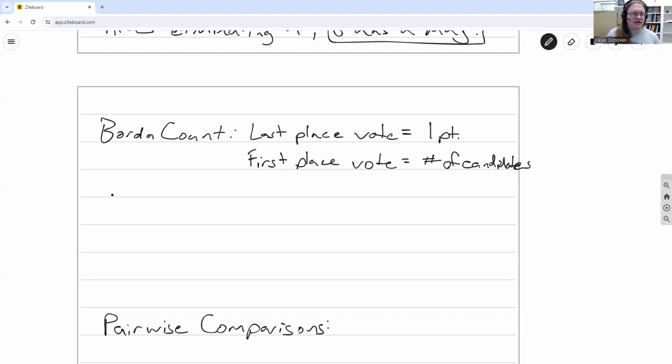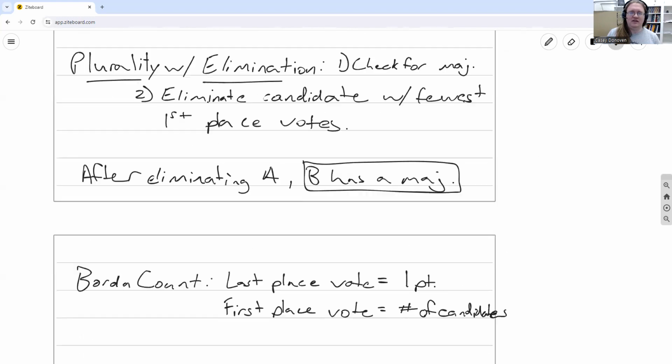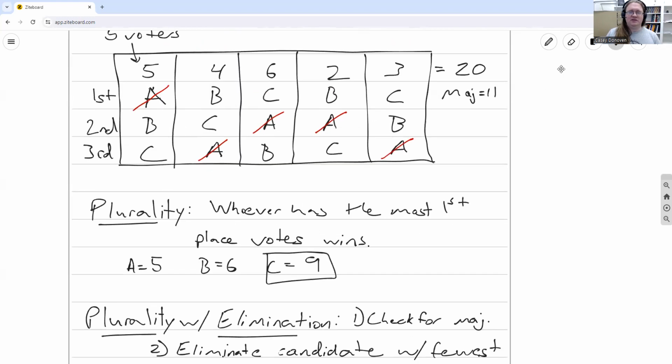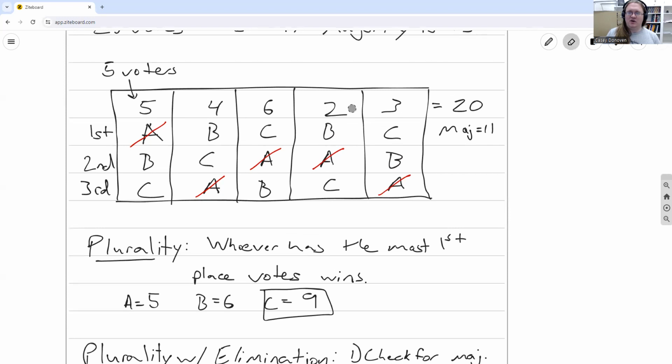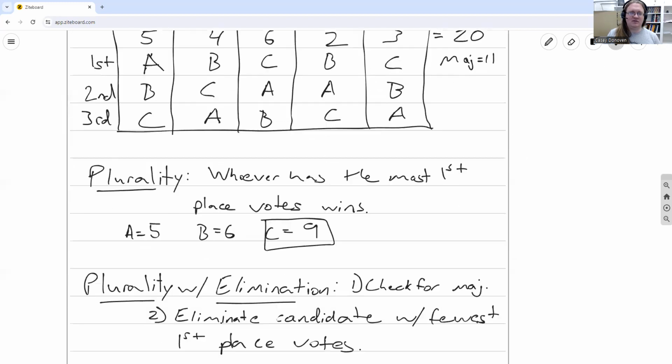So let's go through this calculation in this case. Let's first look at A, and I will erase my slashes here to make it a bit easier to read. A has 5 first place votes, 8 second place votes and 7 last place votes.